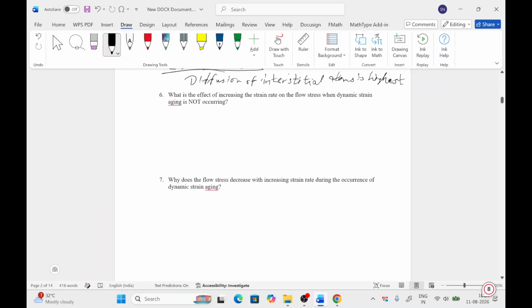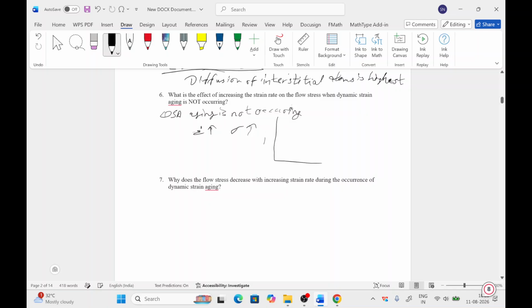Next question is, what is the effect of increasing the strain rate on flow stress when dynamic strain aging is not occurring? This is the same as a previously discussed question. When dynamic strain aging is not occurring, with increasing strain rate, the flow stress also increases.